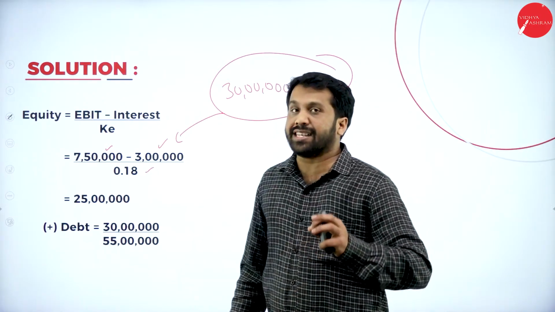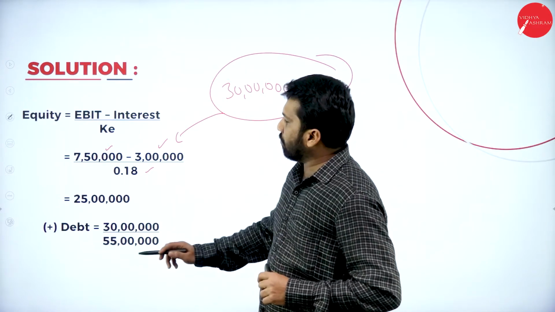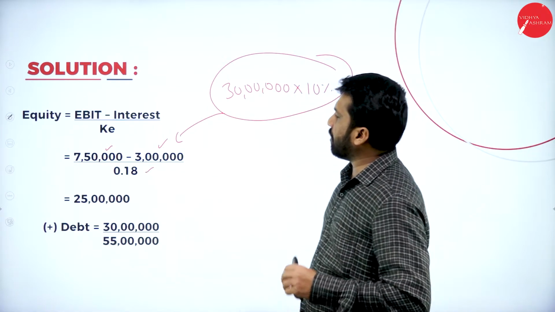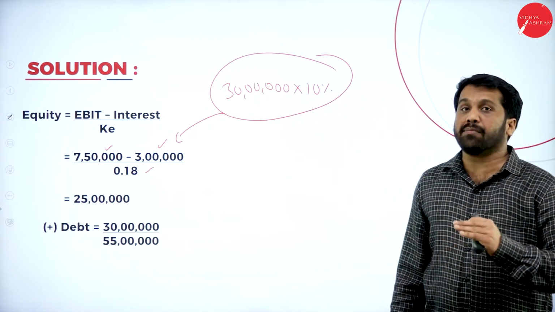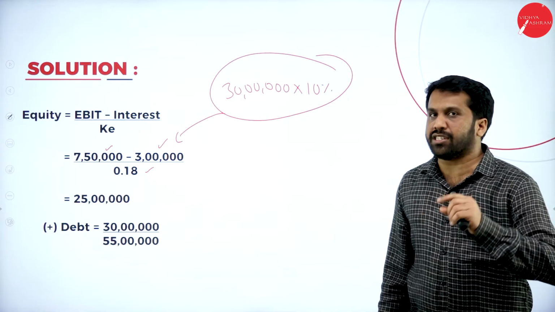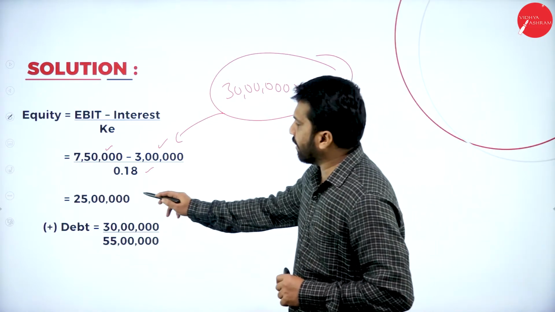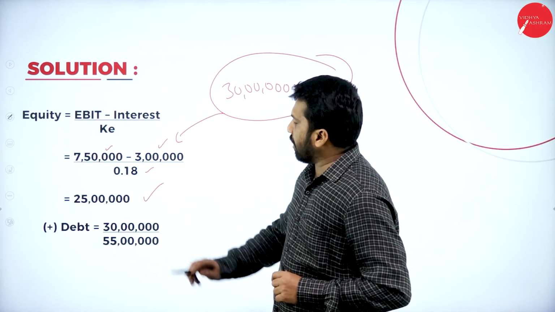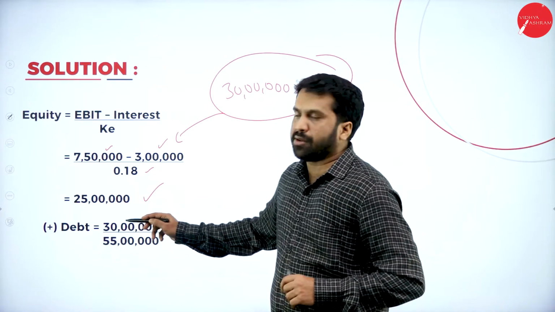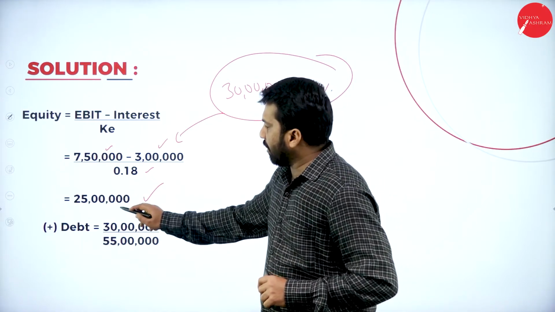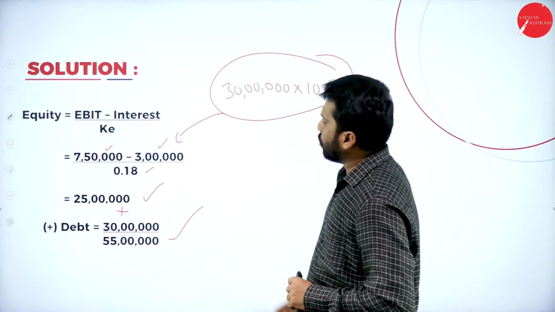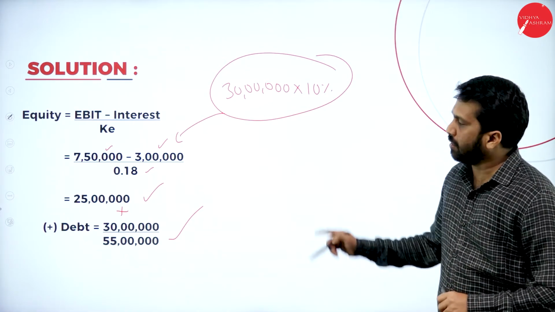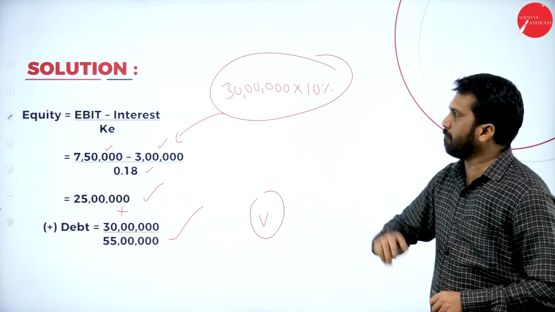The equity cost is 18%, so 4,50,000 divided by 0.18, you get 25 lakh. Do you have debenture in this problem? Yes. 25 lakh plus 30 lakh, you get 55 lakh as your answer. This is the value of the firm.